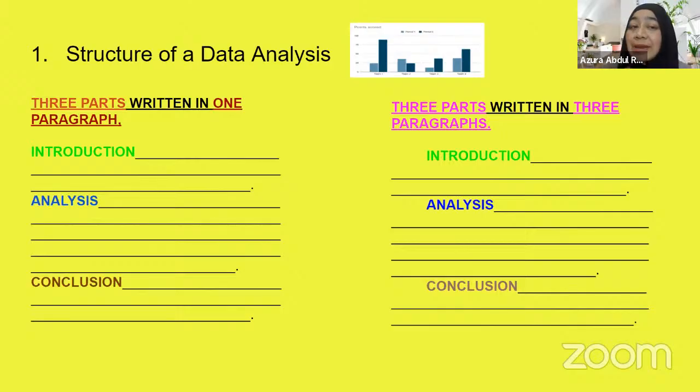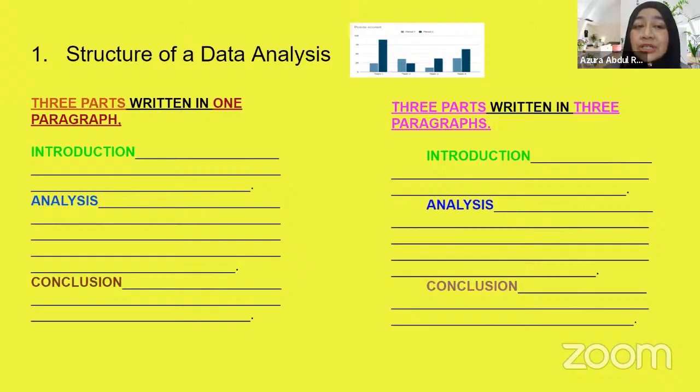At the same time, this can be broken up into 3 different paragraphs. Because a data analysis is only about 150 words long, it will be 3 very short paragraphs. But just because it's short, it doesn't mean that it is not comprehensive. You have to make sure that you're writing very concisely, but at the same time, all the information that is needed must be there.